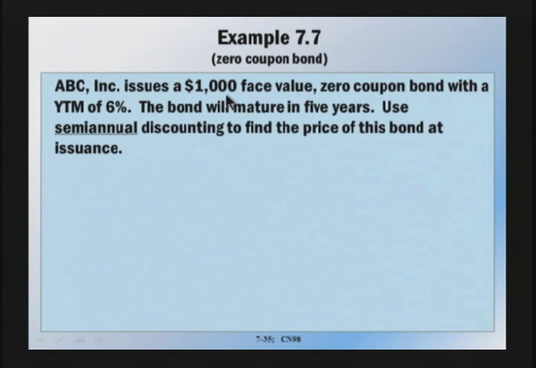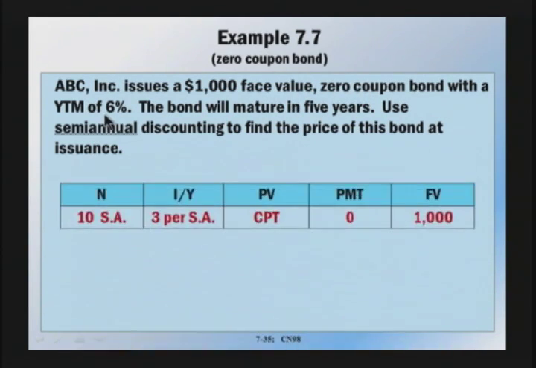So to price this bond, we'll discount the $1,000 face value 5 years at the 6% yield, but on a semi-annual basis. So we're talking about 10 semi-annual periods, 3% per semi-annual period.